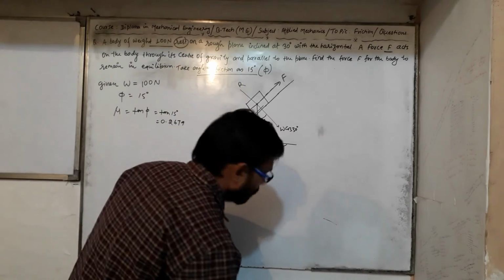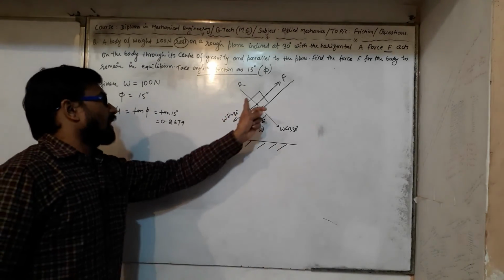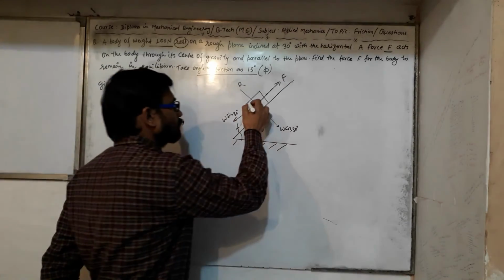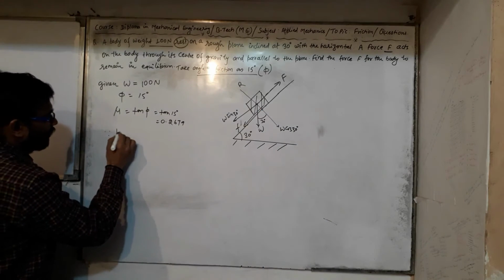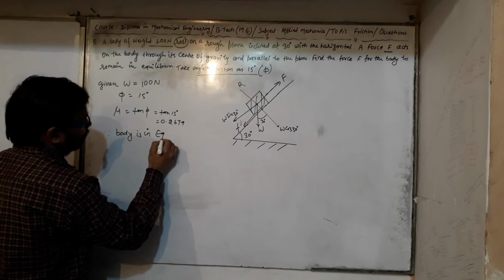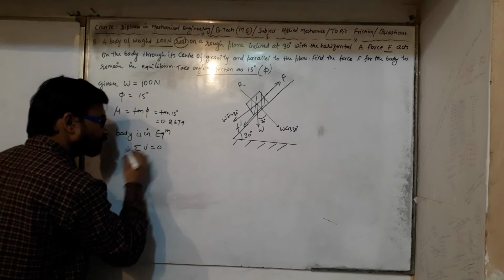Okay, now since the body is not moving anyway, either in upward direction or downward direction, the body is in equilibrium. Hence, since the body is in equilibrium, therefore summation of all vertical forces is equal to 0.